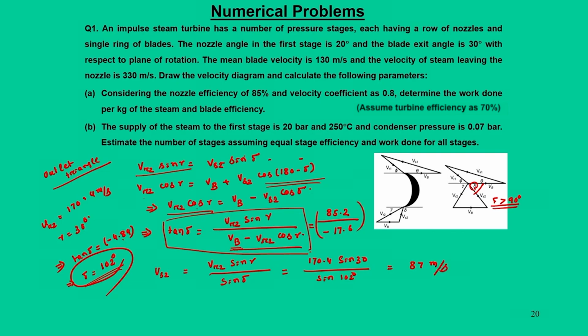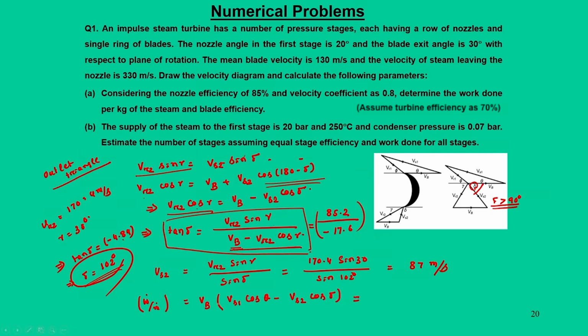So, once we have this, then we can calculate W dot by M dot, that is Vb into Bs1 cos theta minus Bs2 cos delta.